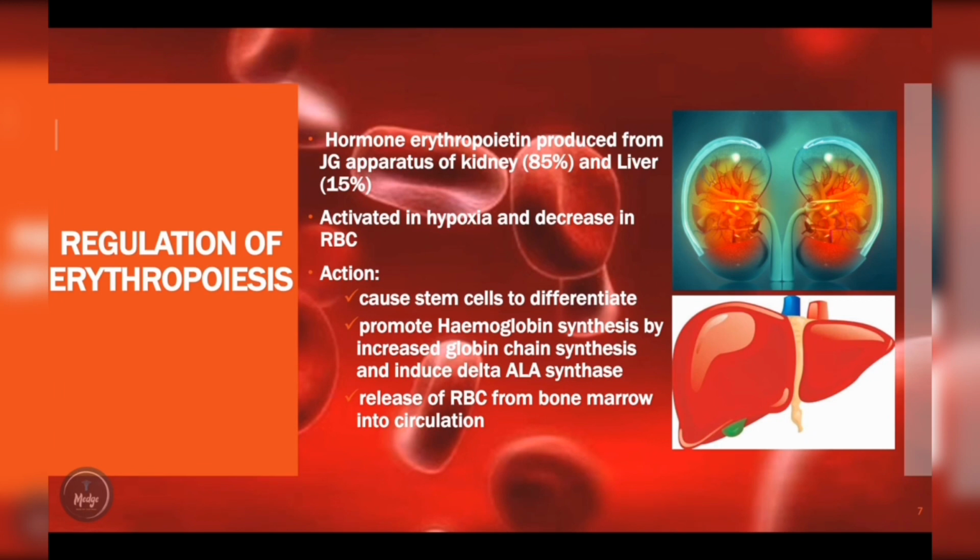Actions of erythropoietin: it causes stem cells to differentiate, and it promotes hemoglobin synthesis by increasing globin chain synthesis, and it induces delta aminolevulinic acid synthase, which is the rate-limiting step in heme synthesis. It releases RBCs from bone marrow to circulation and causes erythroid hypoplasia of bone marrow.